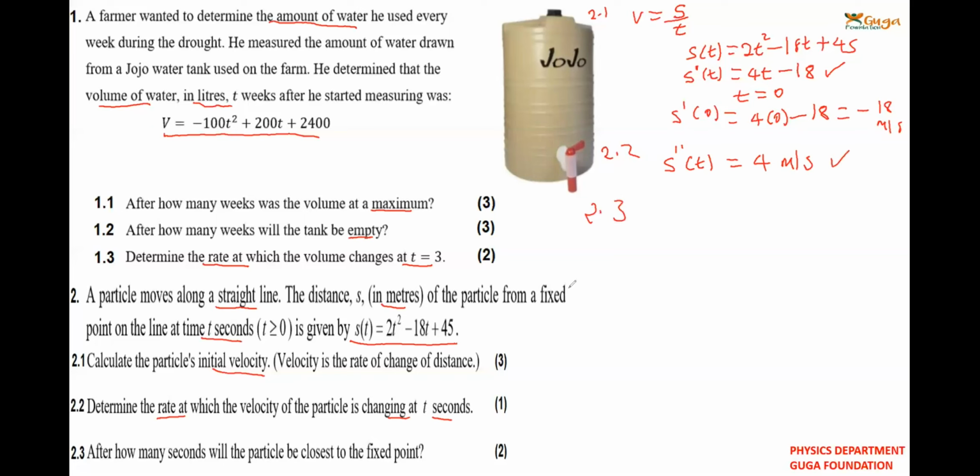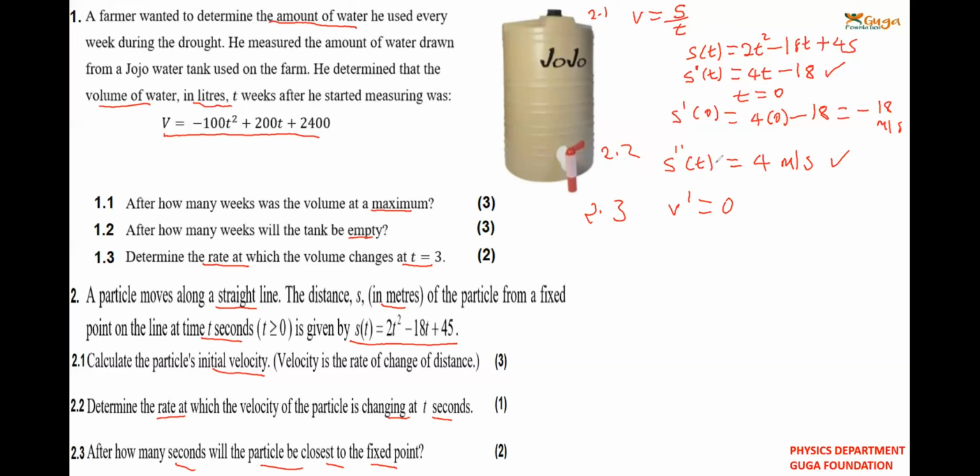Okay, so after how many seconds will the particle be closest to the fixed point? Okay, so we know that at the fixed point, our velocity will be equal to 0, right? Our s prime is equal to 0.